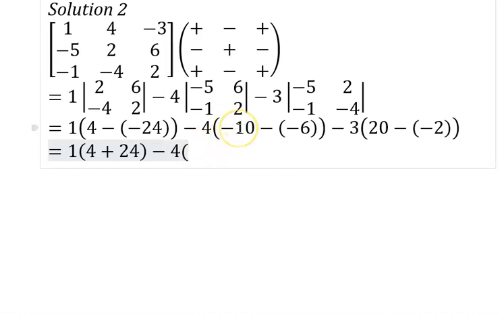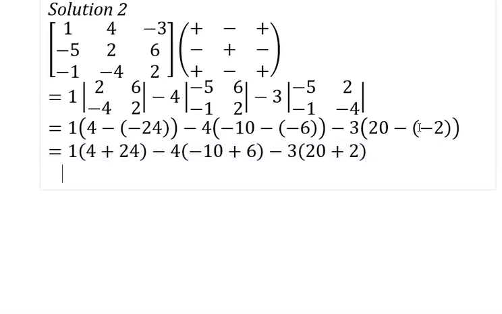You have minus 10. Minus times minus here will give you plus. Then you have your 6. Close your bracket. Awesome. Then the next one here is minus 3. Open your bracket. You have your 20. Minus times minus here will give you what? Plus. Then you have your 2. Beautiful.